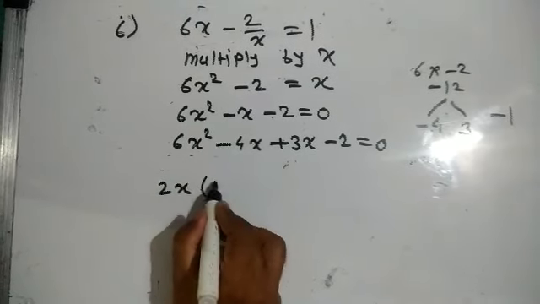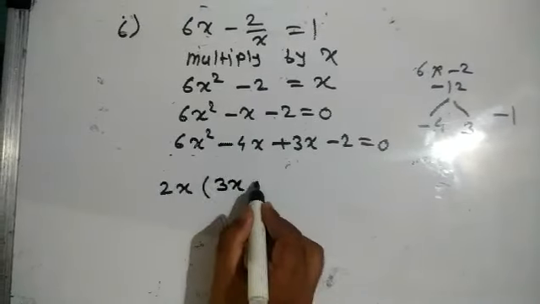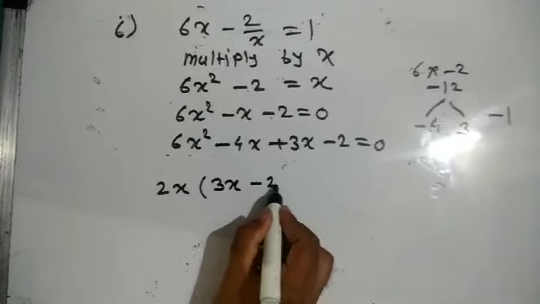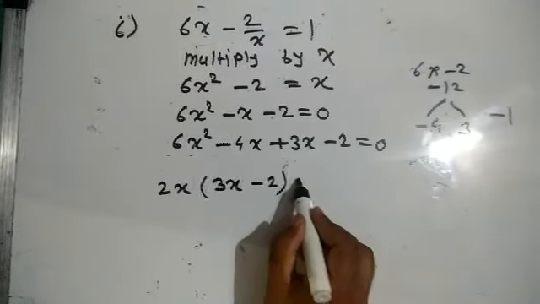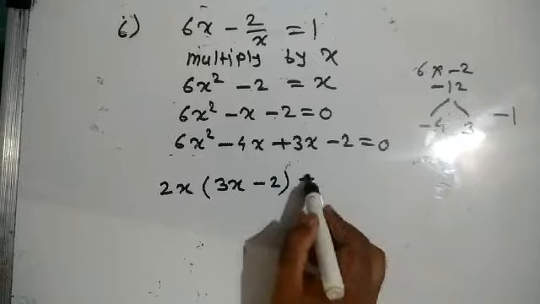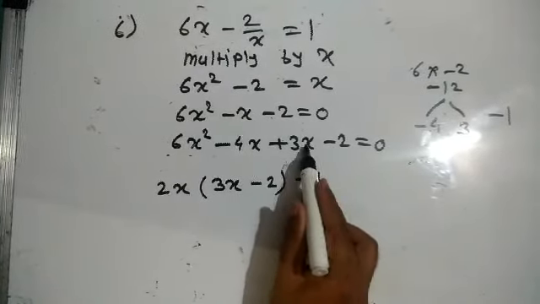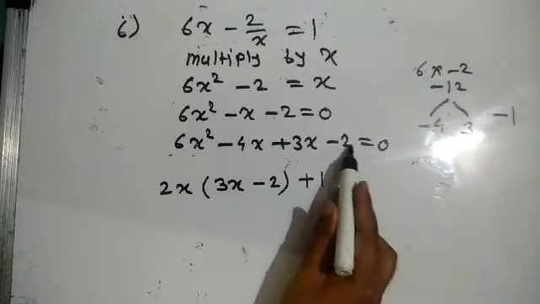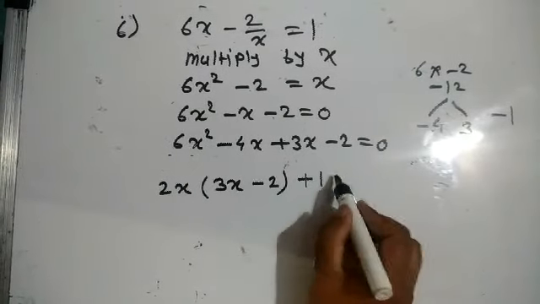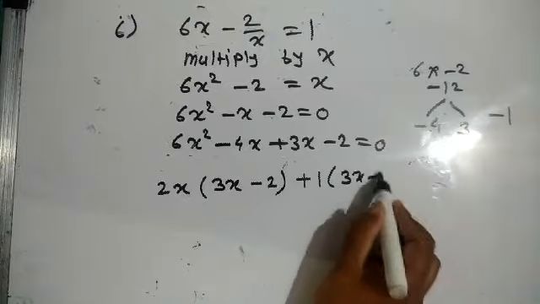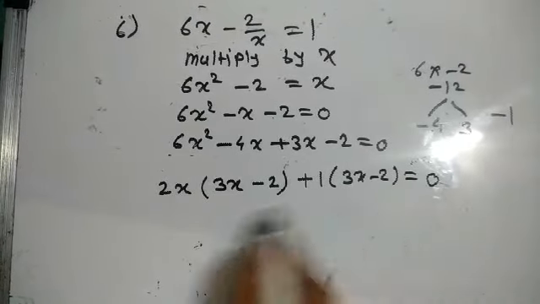What is remaining? 3x minus 2. Here take 1 as common, because there is no common factor in 3x and minus 2, therefore only 1 is common. 3x minus 2 as it is, equal to 0.